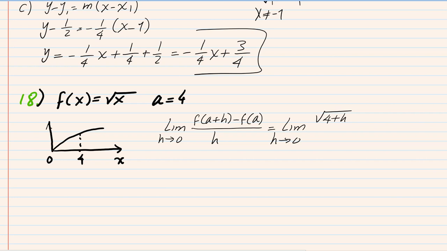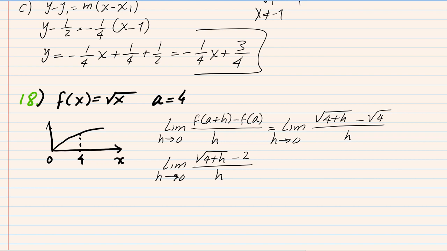The square root of 4 plus h, minus f at a, which is the square root of 4, divided by h. Let me move this a little more to the left so I have more room. So this is the limit as h goes to 0 of the square root of 4 plus h, that remains, minus the square root of 4, which is 2, over h.